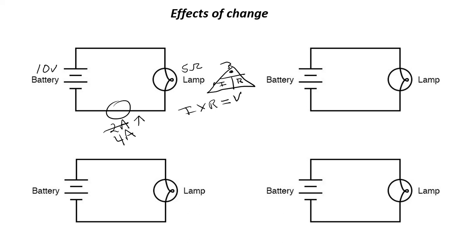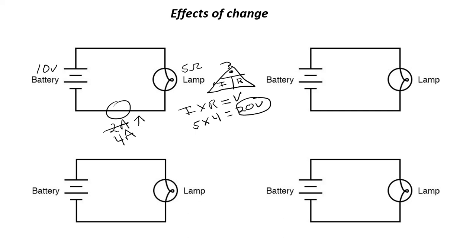So I have my R, it's 5. My amps are now 4. So 5 times 4 is what? 20 volts. So if my amps go up and my resistance stays the same, that means my volts have had to change. So my volts now are 20.